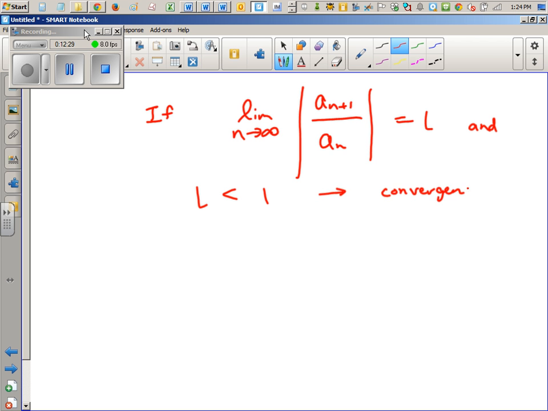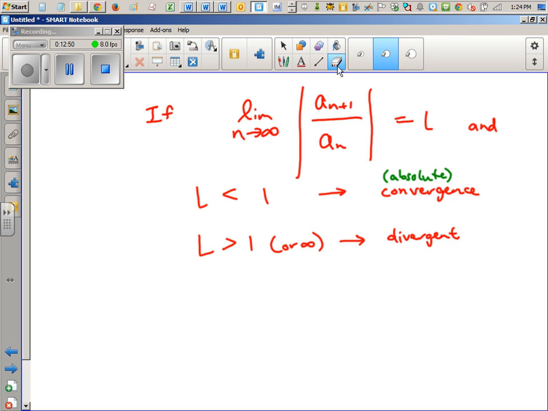If you were here Friday, I'll write that in right here. If L is greater than 1, or if it's infinite, then it's divergent. I'll go ahead and write the adjectives here: convergent and divergent, not the nouns. Okay?